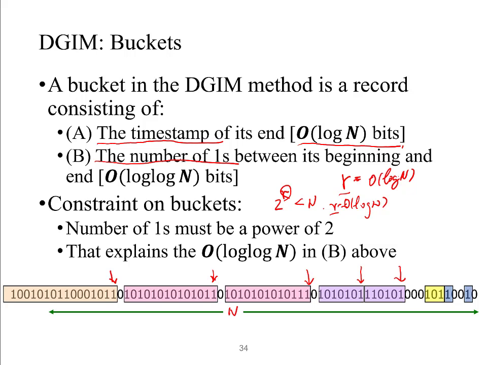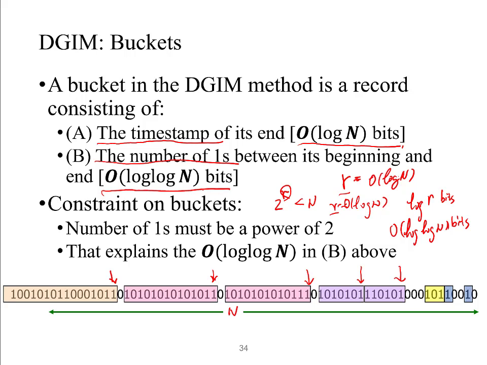So we only need to store this r, and in order to store this r, we need log of r bits, which makes it log of log n bits. So this is how we get this big O of log n bits.